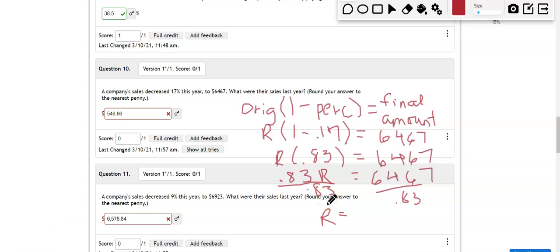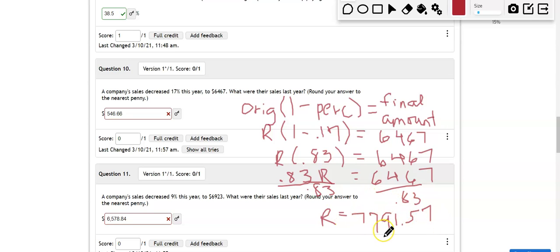And that's going to end up being 7791.57. And I'm rounding, since it says round to the nearest penny. So it actually has more decimal places past that, but it's 0.566265, and that would round to 0.57 there.